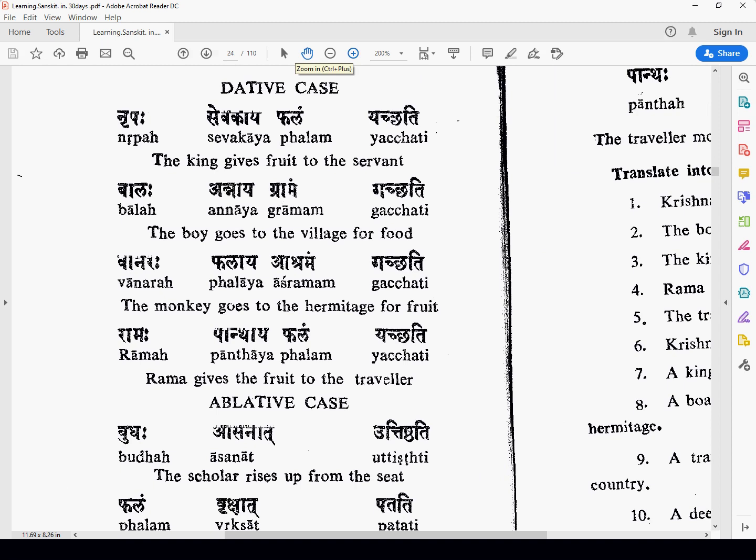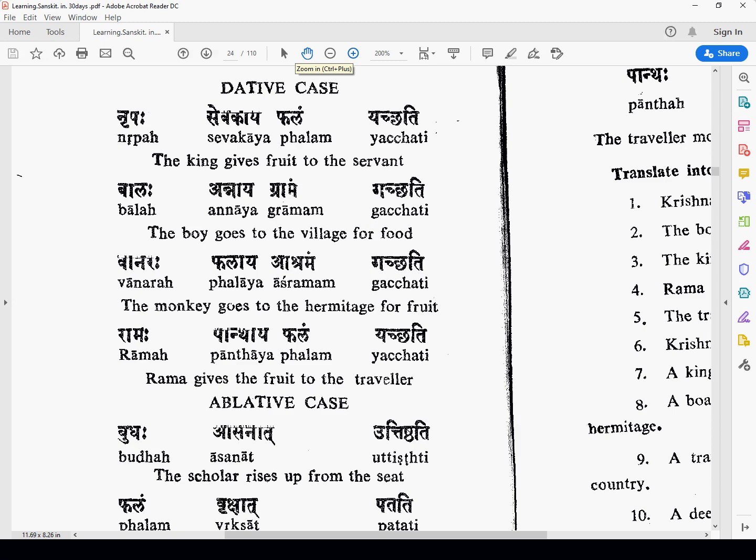Nripaha is the king. Nripaha yachati. If you ask the question, kim yachati, what does he give? The answer here in this example is phalam yachati. Nripaha phalam yachati. He gives fruit. And that phalam is in Dvitiya Vibhakti, second case.